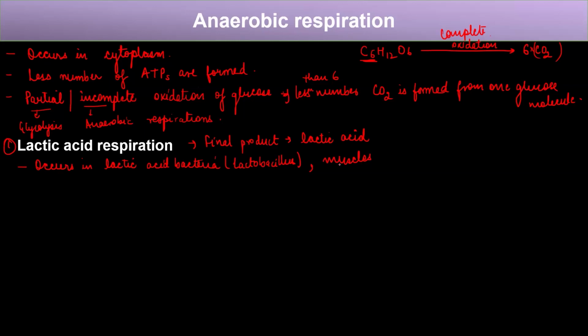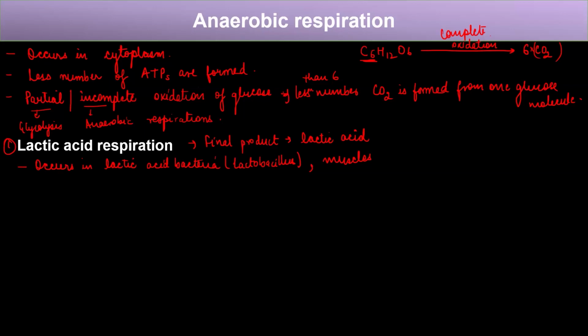And why does it happen in muscles? In muscles, it does not take place always. But if you remember, in the case of extensive exercise we feel cramps in our muscles, right? This happens due to the accumulation of lactic acid. When we exercise, our body needs to produce energy, and for that we need oxygen.